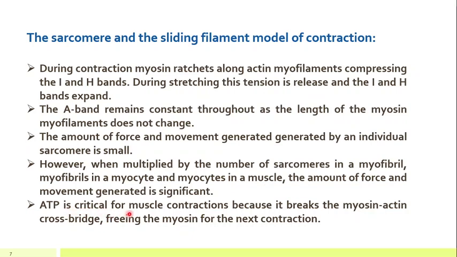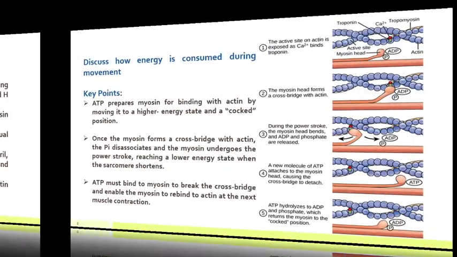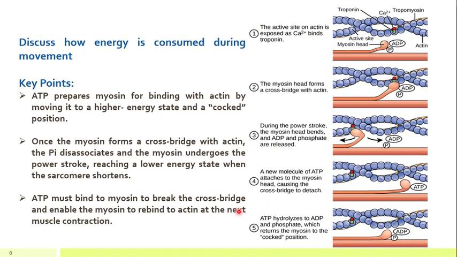ATP is critical for muscle contractions. ATP is critical for muscle contraction because it breaks the myosin-actin cross bridge, freeing the myosin for the next contraction. Now, the next slide discusses how energy is consumed during movement.